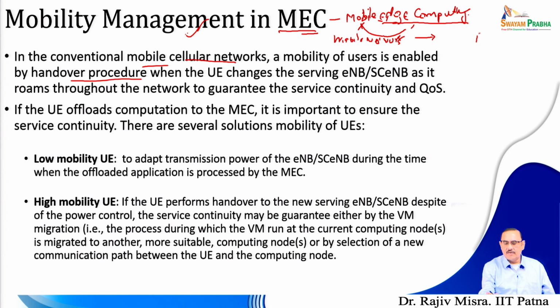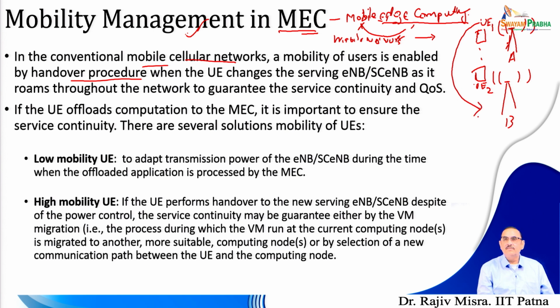So, you can see through this particular example that if you have the user equipment and this is another user equipment and you have the base station, let us say A, and you have another base station, let us say B. Now, if this user equipment 1, this is 2, if the user equipment moves, means he is a mobile, he is a person who is moving, and it comes into the range of that base station B.